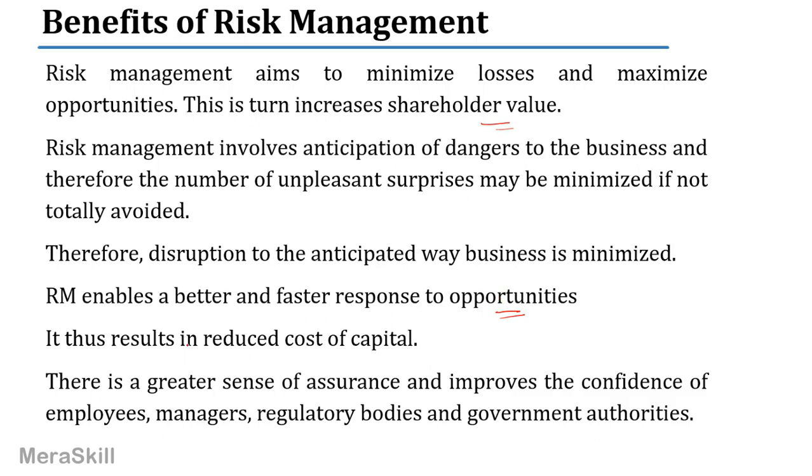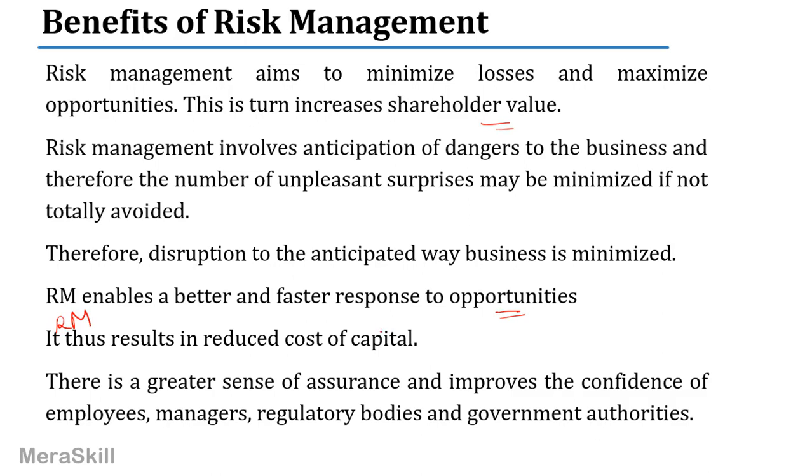Now, when there is risk management, right? And so many of these things are happening, right? You're taking care, you're prepared for unexpected events, etc. The cost of capital becomes less. What does that mean, students? It means, suppose I run an organization where there's a very efficient risk management process. When I want to borrow money from a bank, they are willing to give me the money and they will not charge a very high rate of interest because they feel their money will be safe with me.